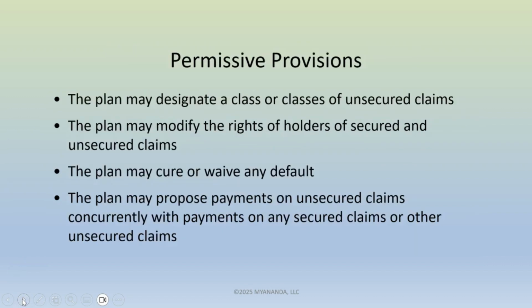Those areas of the Chapter 12 plan that are permissive: they may designate a class or classes of unsecured claims. They may modify the rights of holders of secured and unsecured claims. The plan may cure or waive any default. The plan may propose payments on unsecured claims concurrently with payments on the secured claims or other unsecured claims.